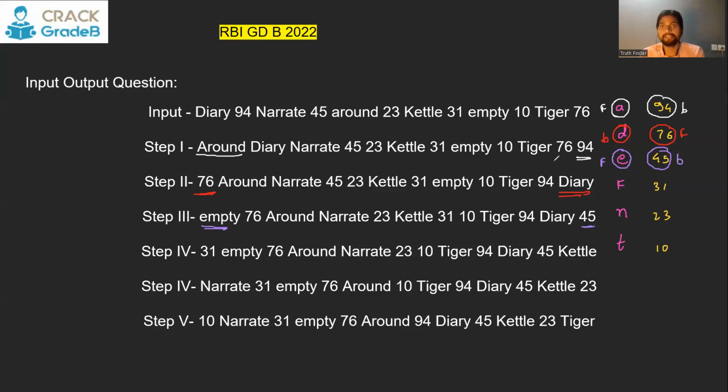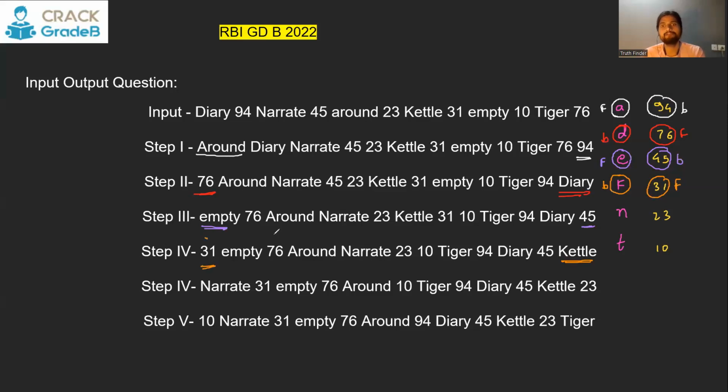In the next step, kettle. Front, back, front. Now it should go in the back. So kettle has gone in the back and 31 has gone in the front.